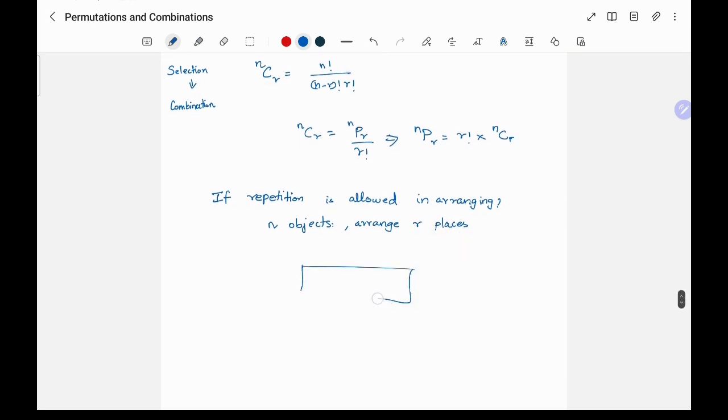Again, if we take the example of 3, instead of having 9 into 8 into 7, we have 9 possibilities at each step. So we'll have 9 into 9 into 9, which is 9 cube. So this 3 is equivalent to r, and 9 is the number n. So this is equal to n power r.